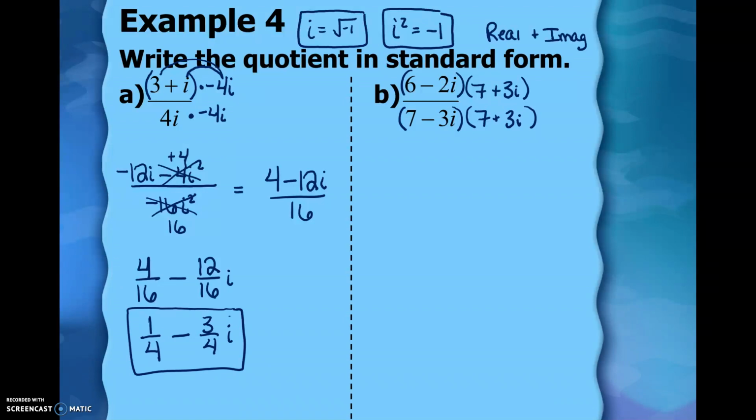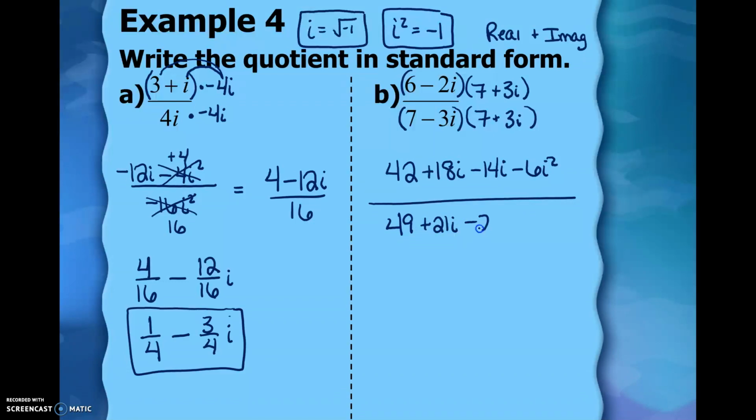Okay, picking back up. When we distribute, on the top we get 42 plus 18i minus 14i minus 6i squared. On the bottom, we get 49 plus 21i minus 21i minus 9i squared.